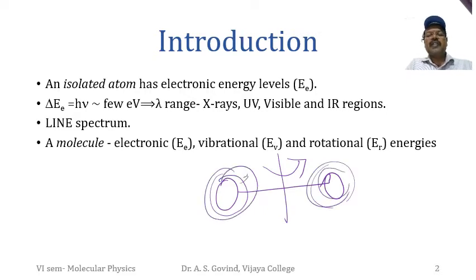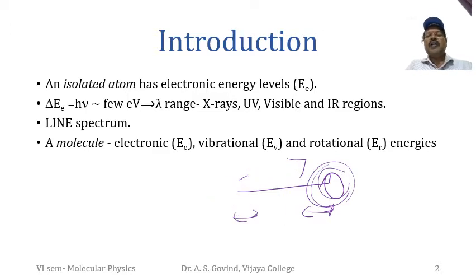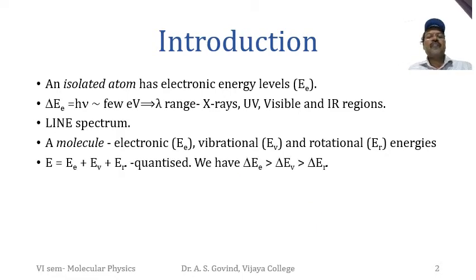So you can have transitions here, that is the electronic levels, and these atoms can vibrate because the bond is flexible, it's not rigid, and also it can rotate. So I have vibration and also rotational energies. So there are three kinds of energies in case of a molecule, and the total energy is sum of all these energies, and all these energies are quantized.